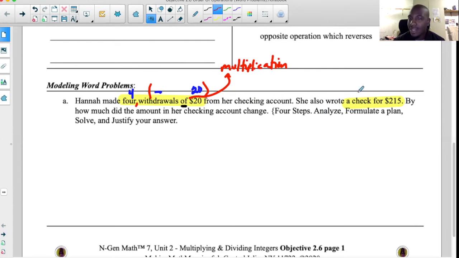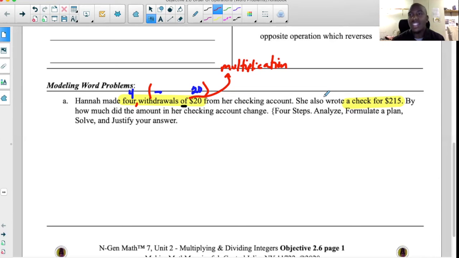Now, when I look over here, I see that she wrote a check. Does a check indicate positive money in her account, or negative money? The opposite of withdrawals is a deposit. So I take out money, withdrawals. Deposit, I put in money. Very straightforward. Withdrawals, negative, deposit, positive. But a check, what's happening there? Is that really withdrawing or is it really depositing?